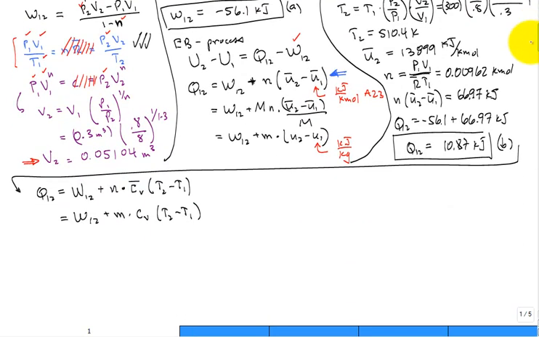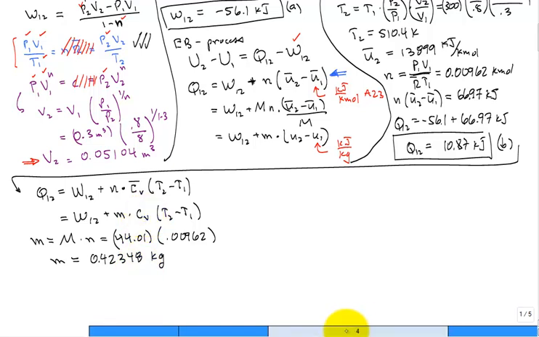We can calculate the mass as the molar mass times the number of moles, 44.01 kilograms per kilomole times 0.00962 kilomoles, and we find the mass for this system comes in at 0.42348 kilograms. All right, now let's get C sub V.